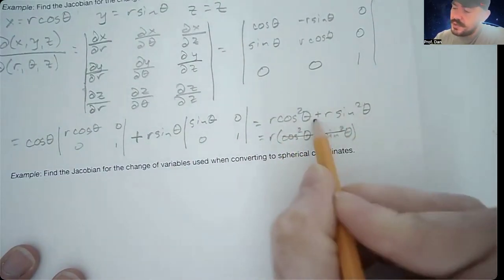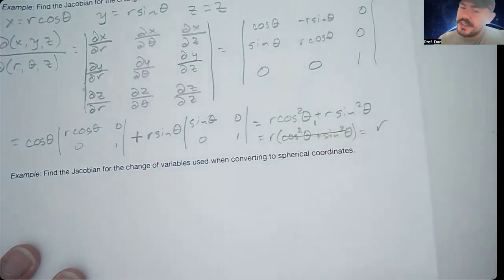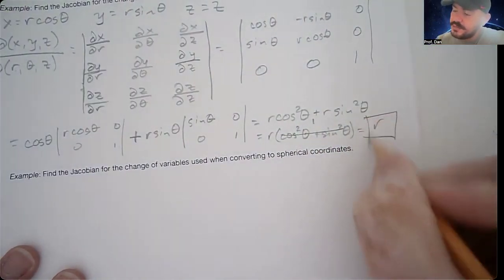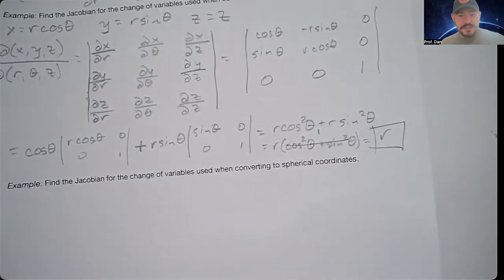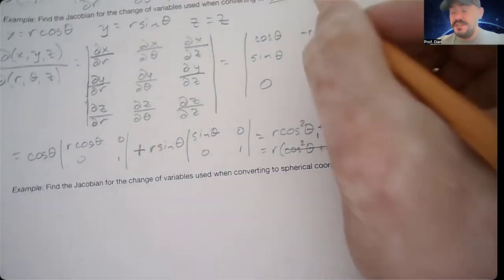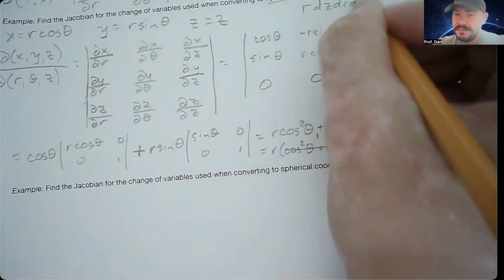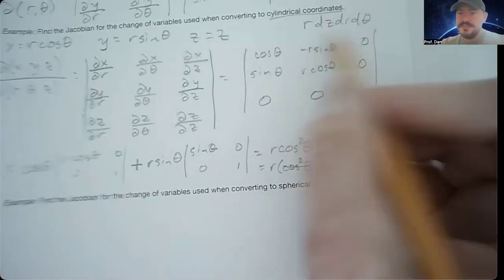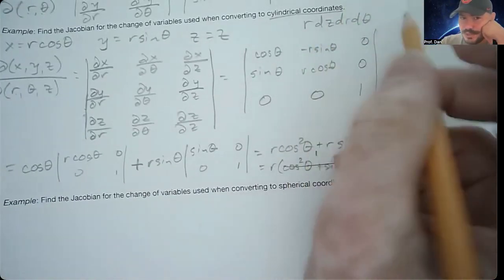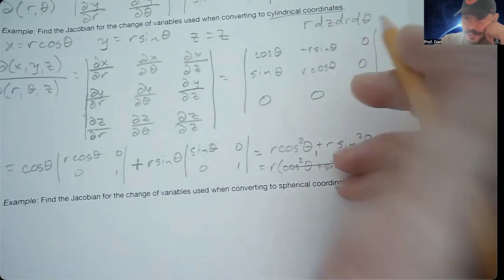I know that that's 1 from my trig identities, which tells me that the Jacobian for the transformation into cylindrical coordinates is r, which should also look familiar to you because that's what you replace dv with when you're using cylindrical coordinates.